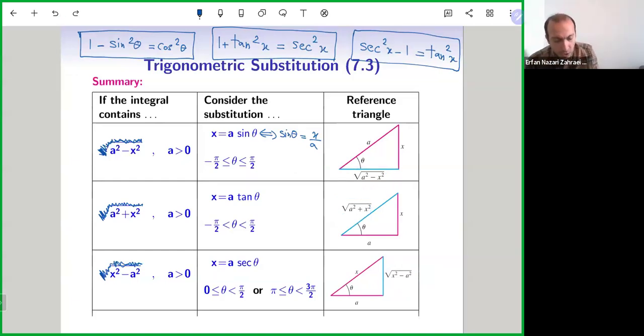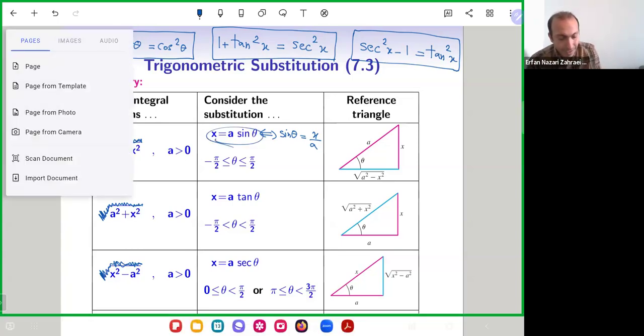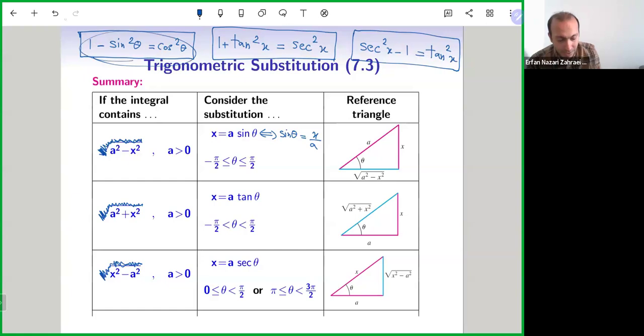If we use the identity such that x equals a sine theta and substitute this in, what do you get? The term a squared minus x squared becomes a squared minus a squared sine squared theta.